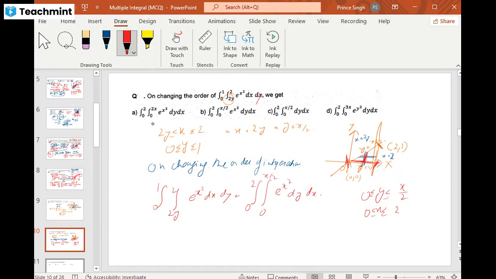So here we have two integrals with the same limit, but here e power x square is already present in the function, but here it is not. So this is not the correct option. This is not the correct option. This is also not the correct option. The correct option is option B only.